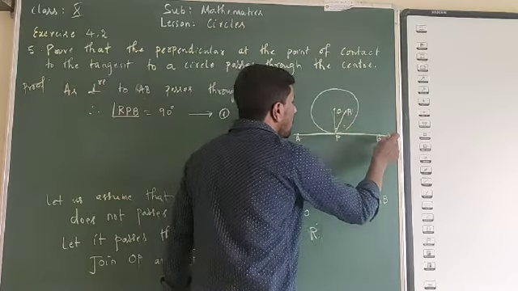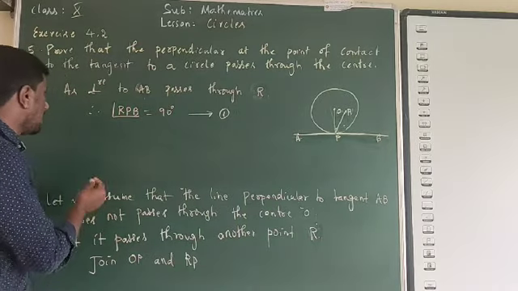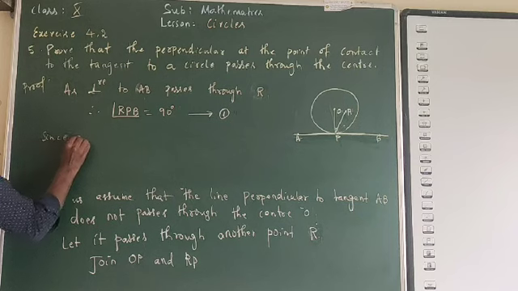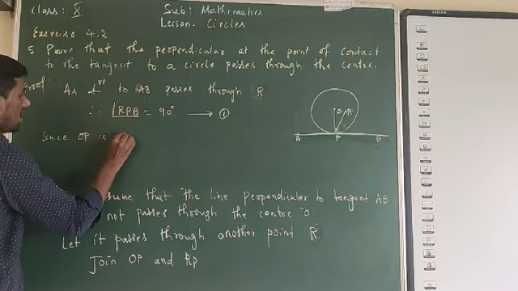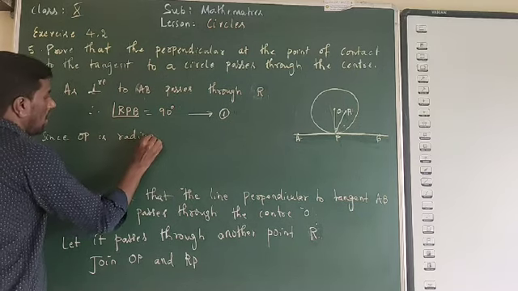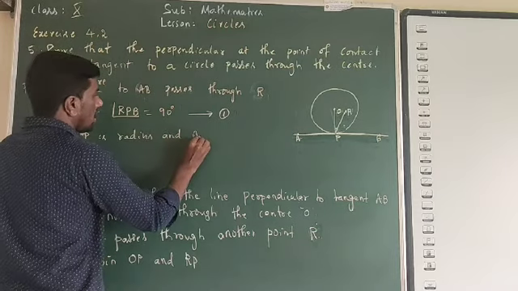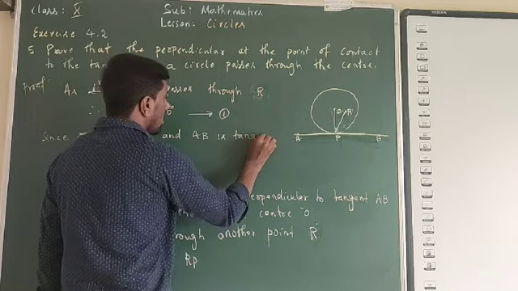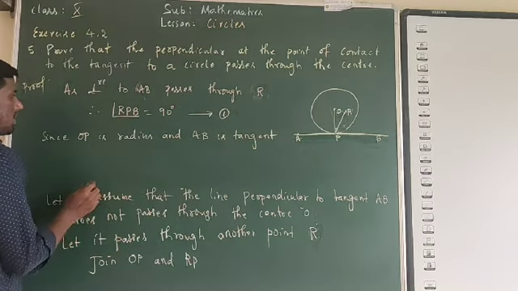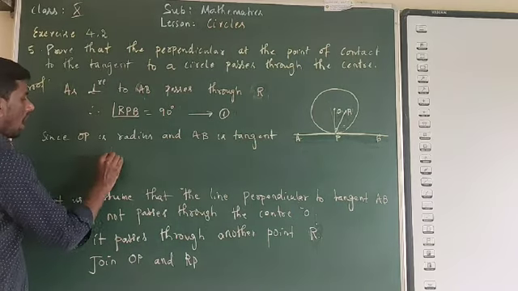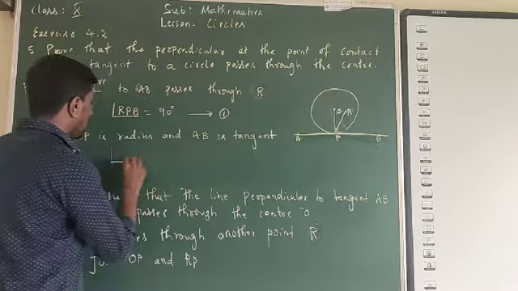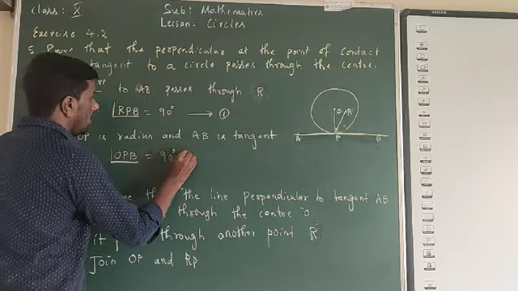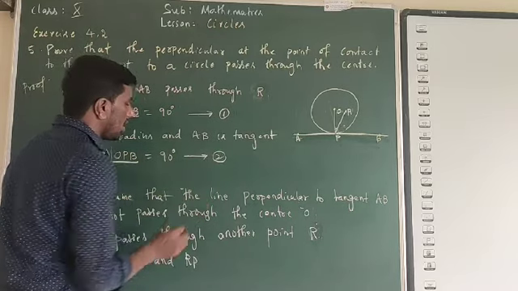That means angle OPB must be 90 degrees, since OP is the radius and AB is the tangent.